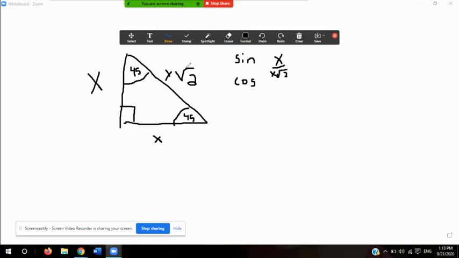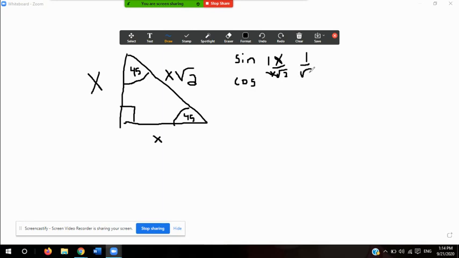And let me just fix this x. It doesn't really look that well done. Okay, so what's going to happen is the same thing. Technically, this is a 1x. So this x is going to cancel out with this x. And that's going to leave me with 1 over the square root of 2.